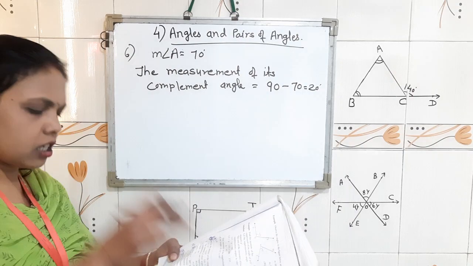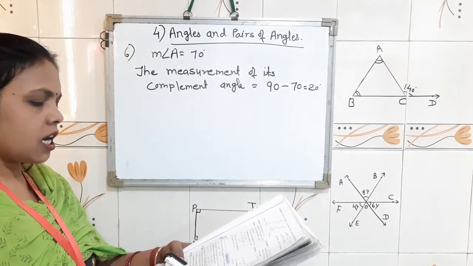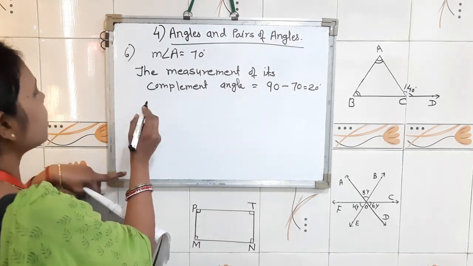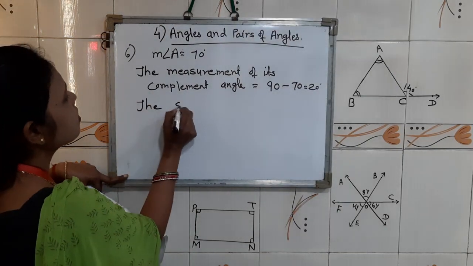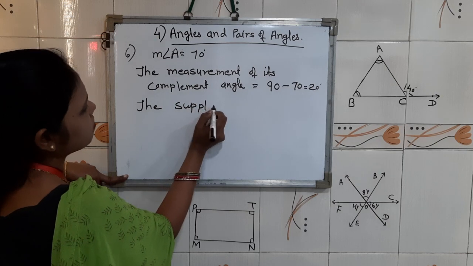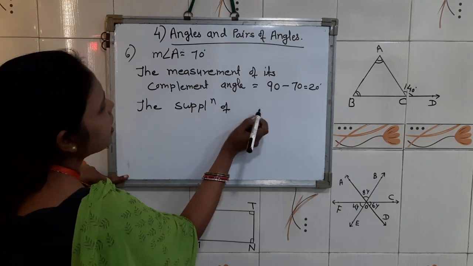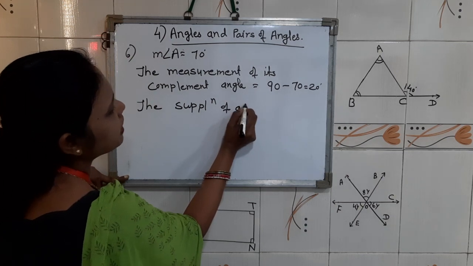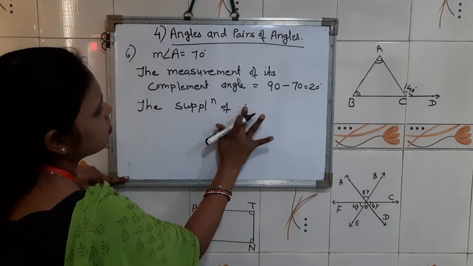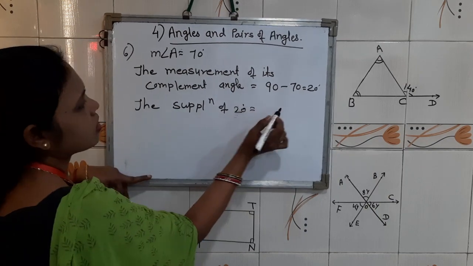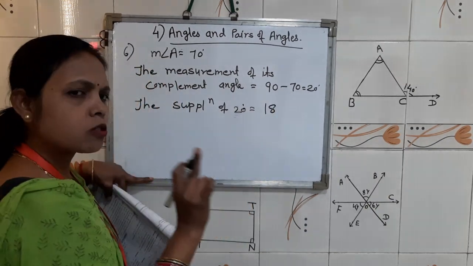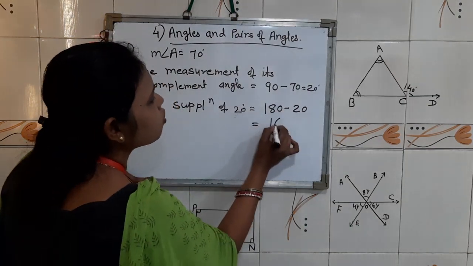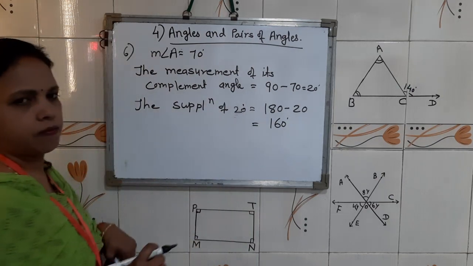Now the next part is asking for the supplement of the complement of angle A. Write down the supplement of 20 degrees equals 180, since supplement means 180 degrees. 180 minus 20 equals 160 degrees.